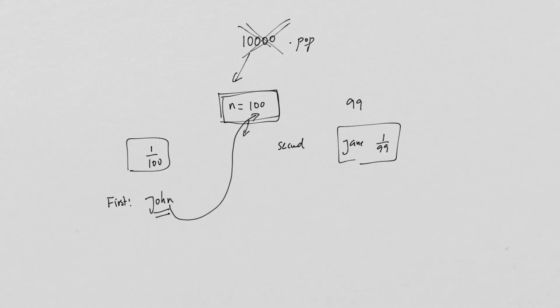So let's say you have 1,000 students, and you want to select 10 members for some committee. 10 committee members. Well, clearly you could just do a simple random sample.